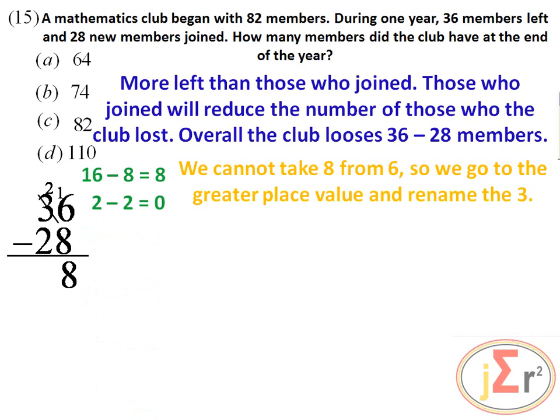So we will say 2 from 2, and the result is 0. Do we need to put the 0 here? No. If we put it there, would it be wrong? No. But because a leading 0, or a 0 to the left of a whole number, does not affect its value, it is not significant that we should include it.